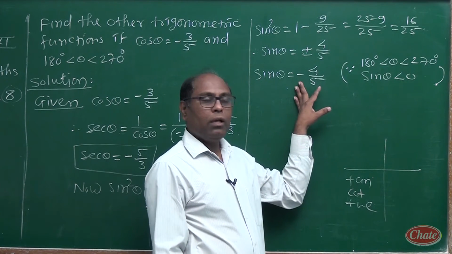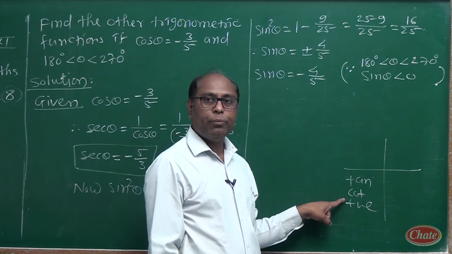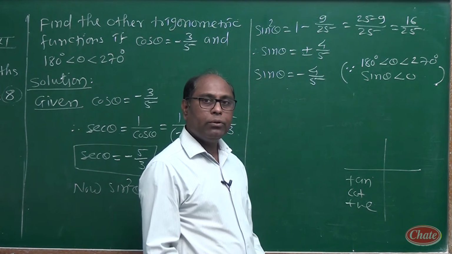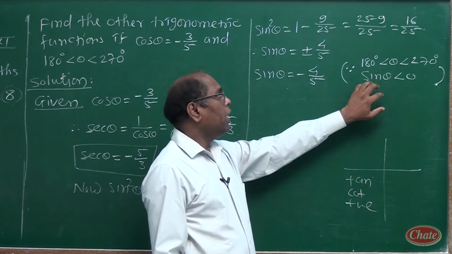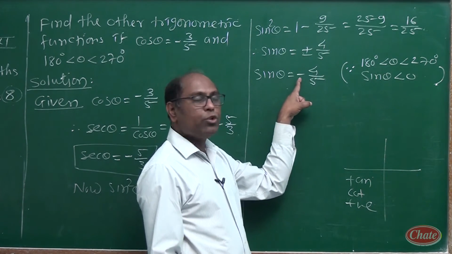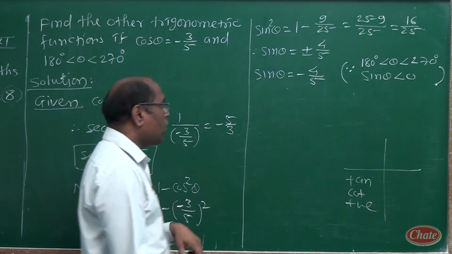Is it correct? In the third quadrant only tan and cot are positive, all others are negative. So therefore sin theta is also negative in the third quadrant. Hence we have taken the negative sign here. So sin theta is equal to minus 4 by 5.